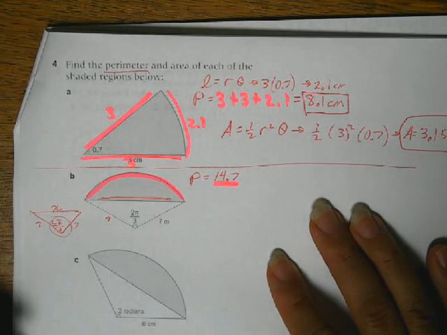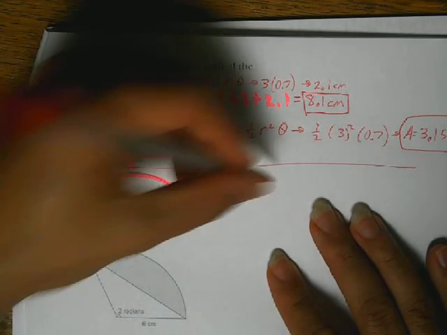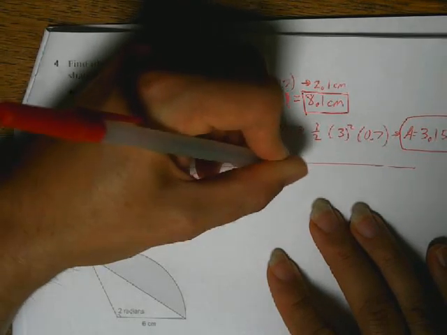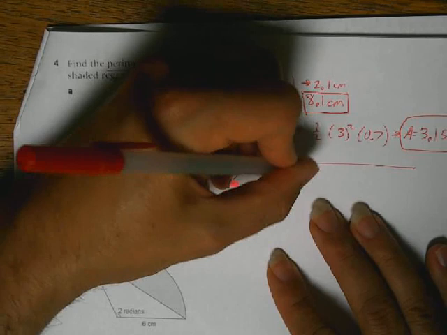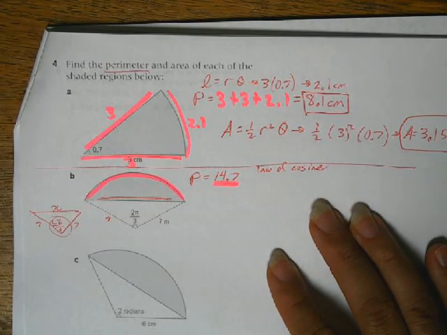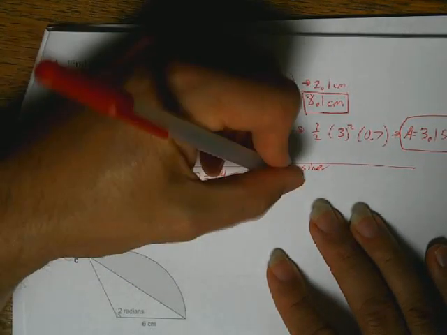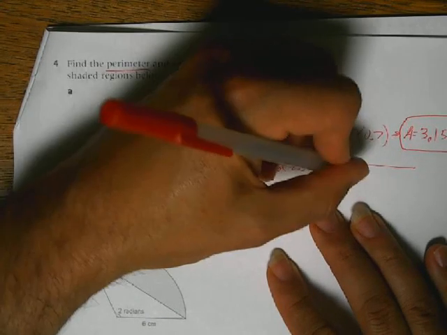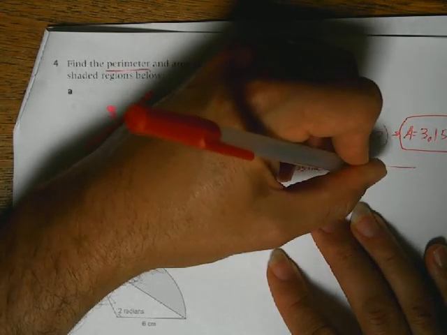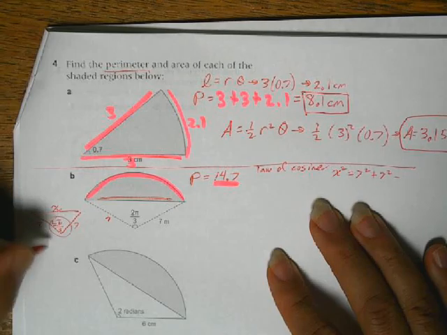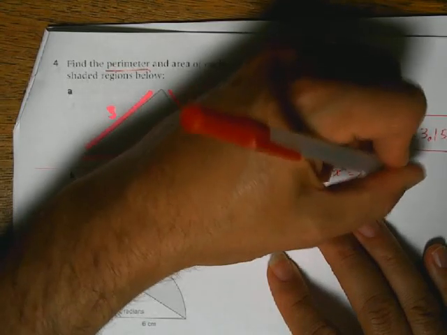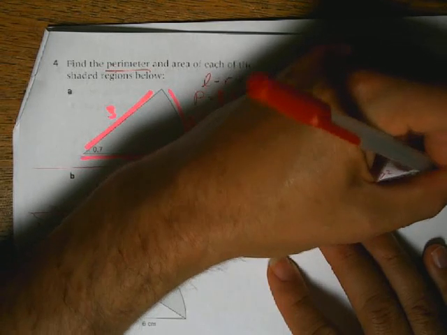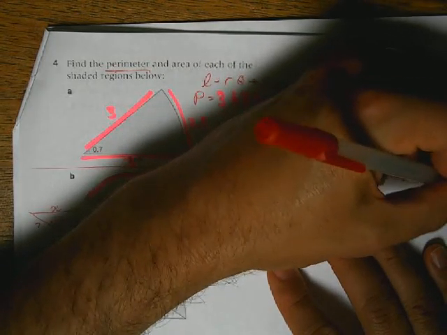Then x squared equals 7 squared plus 7 squared minus 2 times 7 times 7 cosine 2 pi over 3.